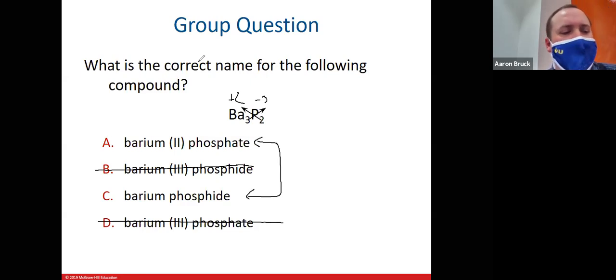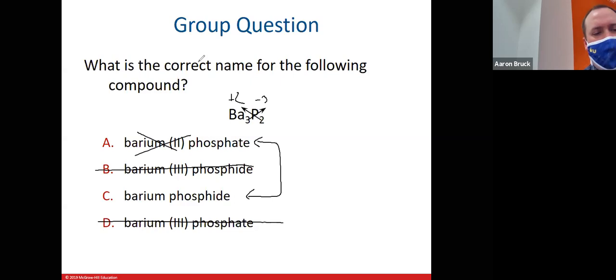First of all, is barium in a position where it needs to have a Roman numeral? Look at the periodic table. Where is barium? Barium's an alkaline earth metal. Transition metals are the only ones that we would have to put Roman numerals on. Roman numerals are only used if there are multiple charges. If you are using a Roman numeral, that implies that there is another version of this ion out there. So that's the first problem.